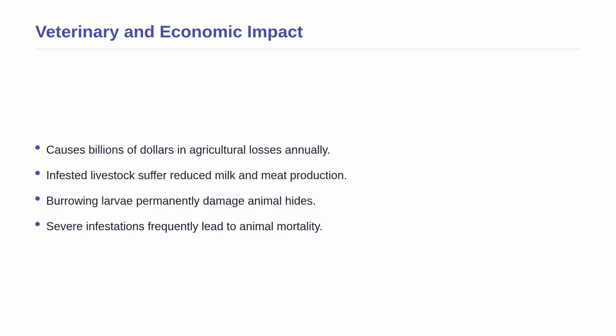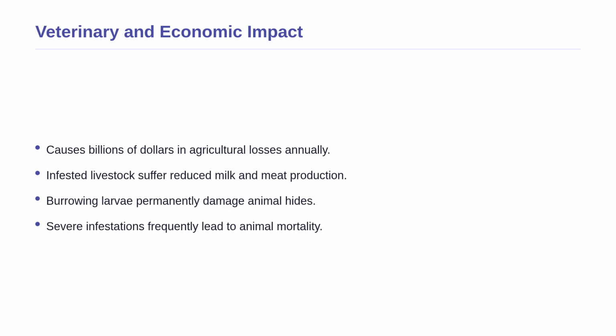While the human toll is severe, the impact on agriculture and veterinary medicine is equally staggering. Every single year, myiasis causes billions of dollars in economic losses worldwide. When livestock, such as cattle or sheep, become infested, the stress and tissue damage lead to drastically reduced milk and meat production.